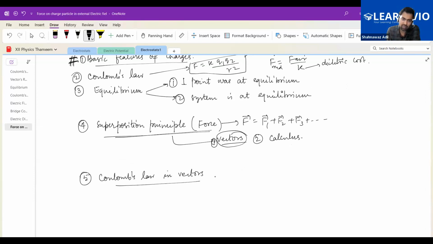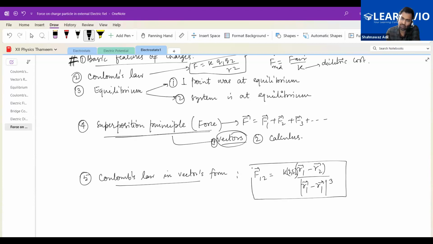In this part, what did we understand? We understood that F12 is simply K Q1 Q2 times (r1 minus r2 vector) divided by the modulus of (r1 minus r2) cubed.